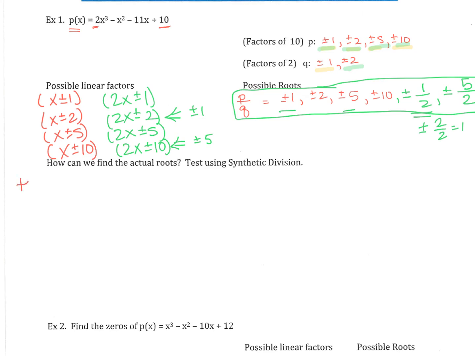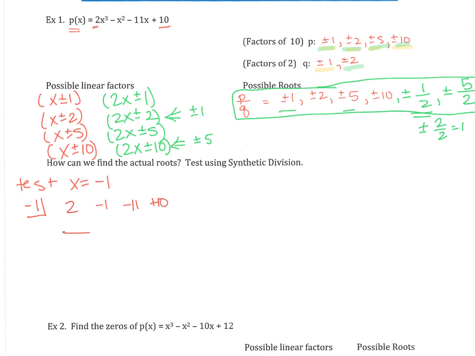We're going to test x equals -1. So let's set up our synthetic division. X is -1, and my coefficients of this polynomial, p of x, are 2, -1, -11, and 10.